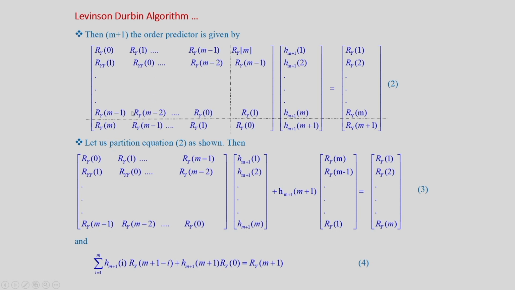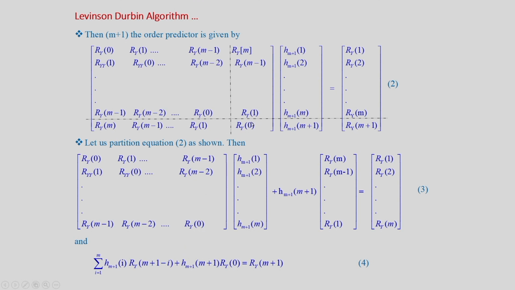Let us partition the matrices in equation 2. We are partitioning by these two lines, so that we have 4 matrices here, this matrix, this matrix, this matrix and this matrix. Similarly, 2 matrices here and 2 matrices here. Now, the Wiener-Hopf equation can be written as 2 equations.